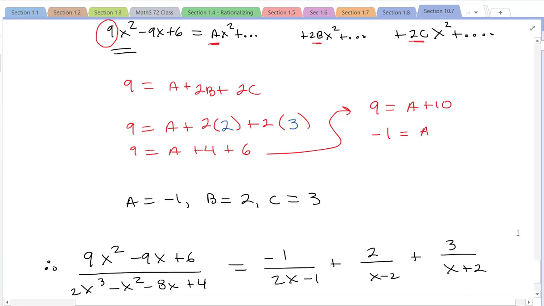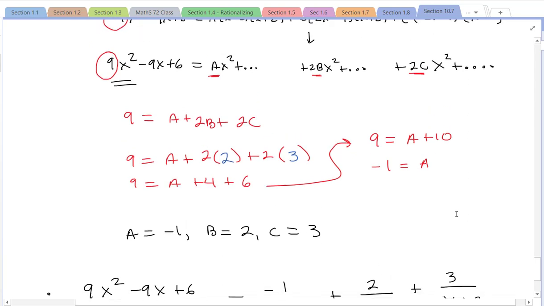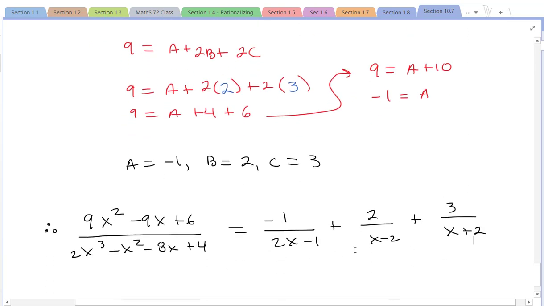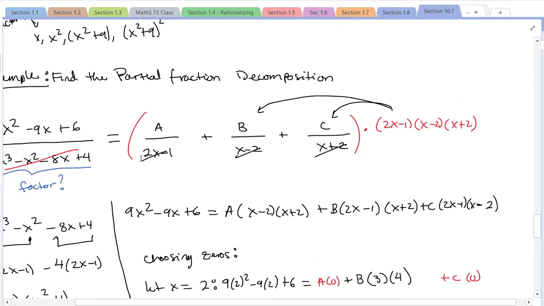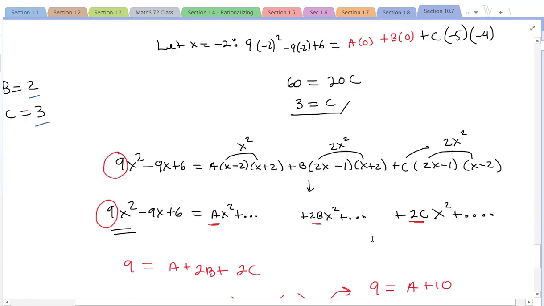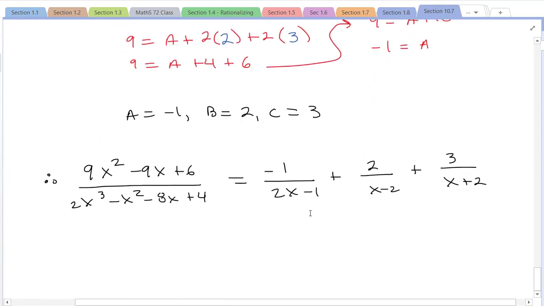And we make sure that was the original partial fraction setup: 2x minus 1, x minus 2, and x plus 2. So a is the one above 2x minus 1, so -1 over 2x minus 1. And so that is the partial fraction decomposition.